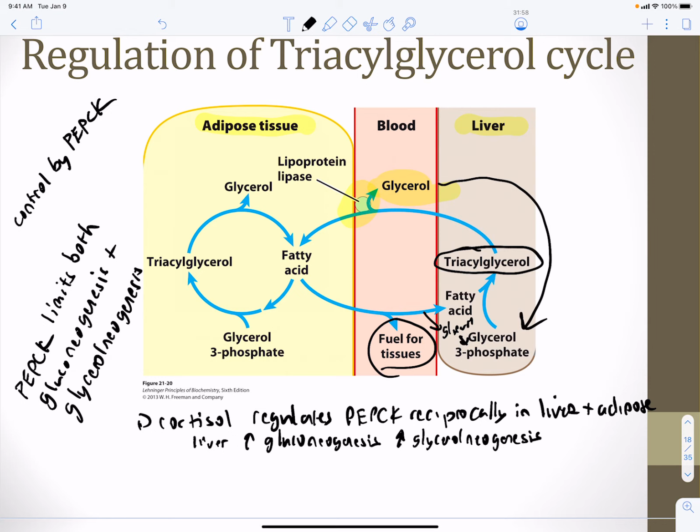And in the adipose tissue, there is no gluconeogenesis, but you're going to decrease glycerol neogenesis. And the result is that you get an increase of blood glucose and an increase of blood fatty acids.